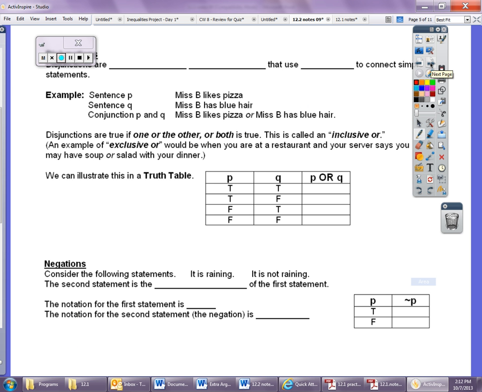If we look at the next one, disjunctions. These are compound sentences that use or. They use or to connect two simple statements.